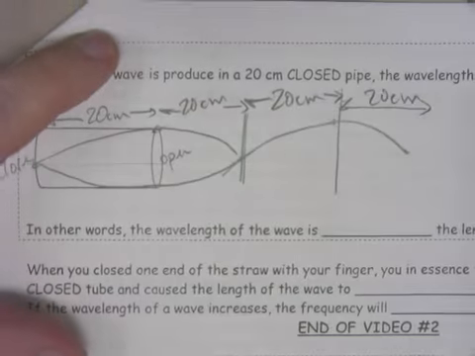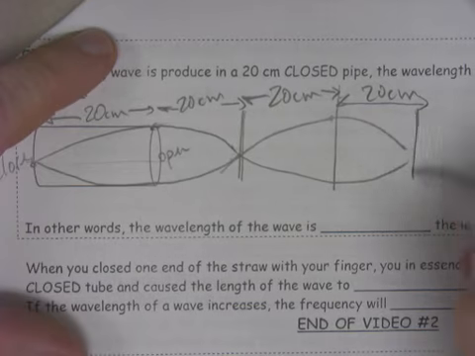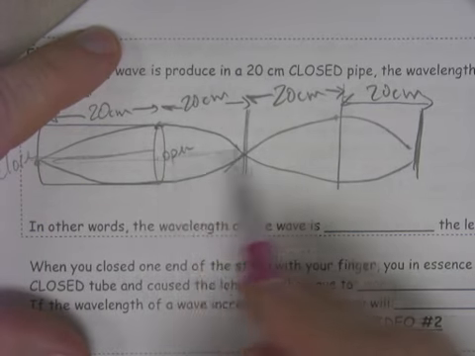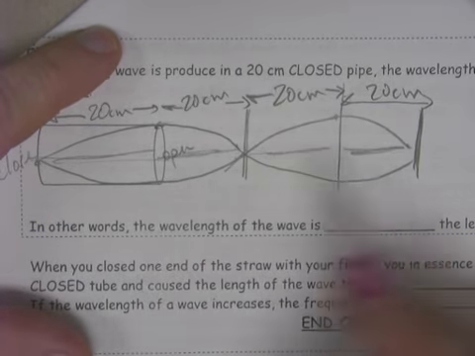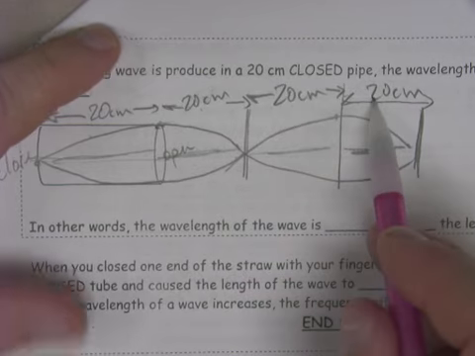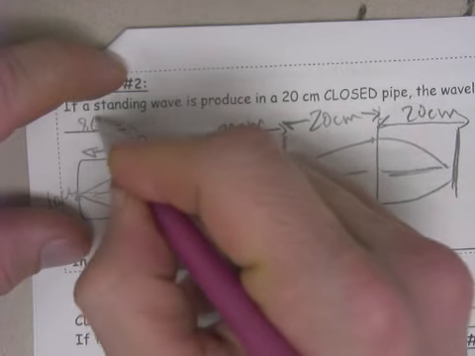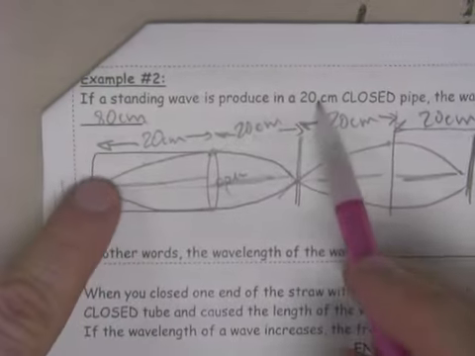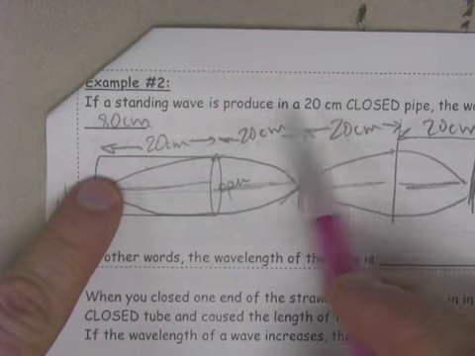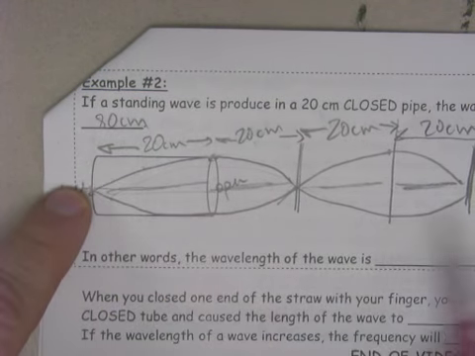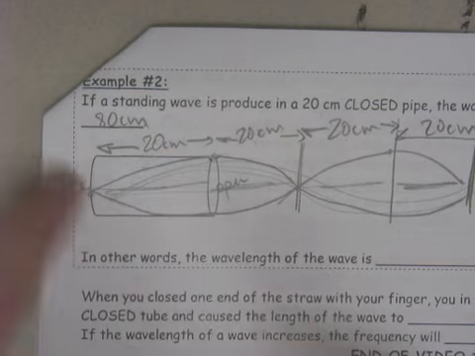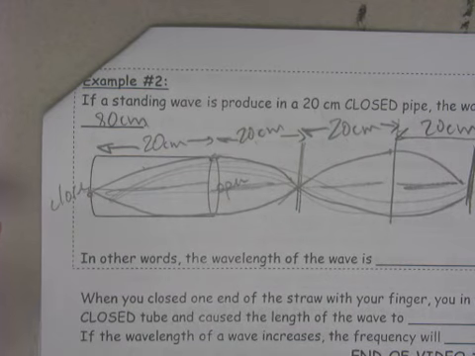I've got 20 here, 20 here, 20 here, 20 here. So 20, 20, 20, 20 gives me a total of 80 centimeters. So if my pipe is 20 centimeters long, my wavelength, a full complete wavelength, is 80 centimeters.